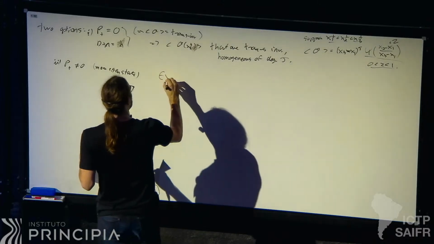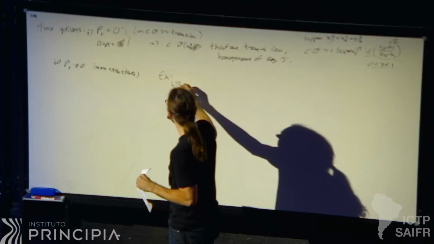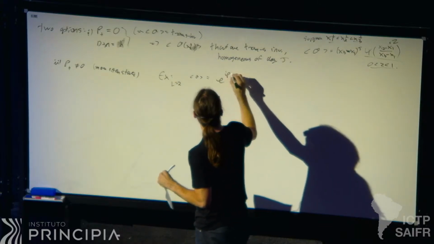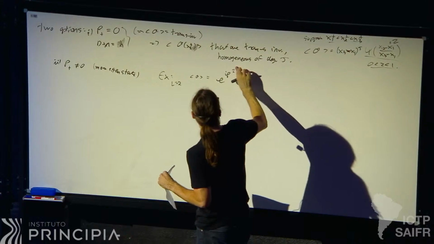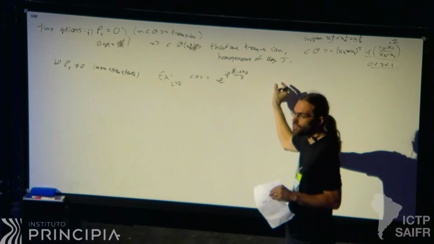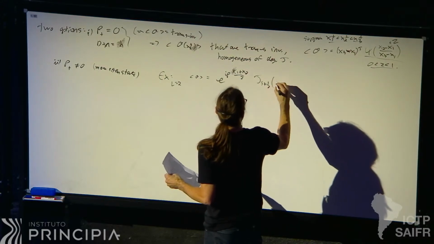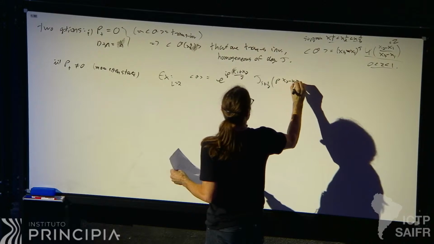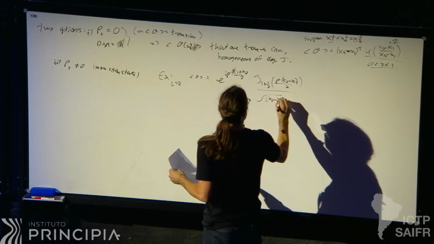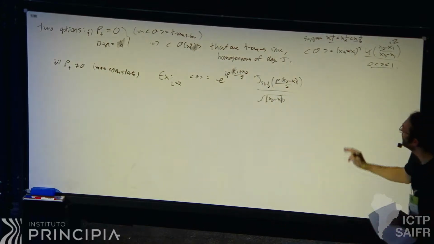So for example, for length 2, a wave function in this eigenstate will take the form of something like e to the i p times x1 plus x2 over 2. You can soak up the momentum like this, and then you have a function of the difference. And the function of the difference turns out to be some Bessel function, J of j plus half, of p times x2 minus x1 over 2, divided by the square root of the absolute value of x2 minus x1. So you could make a wave function just like this.